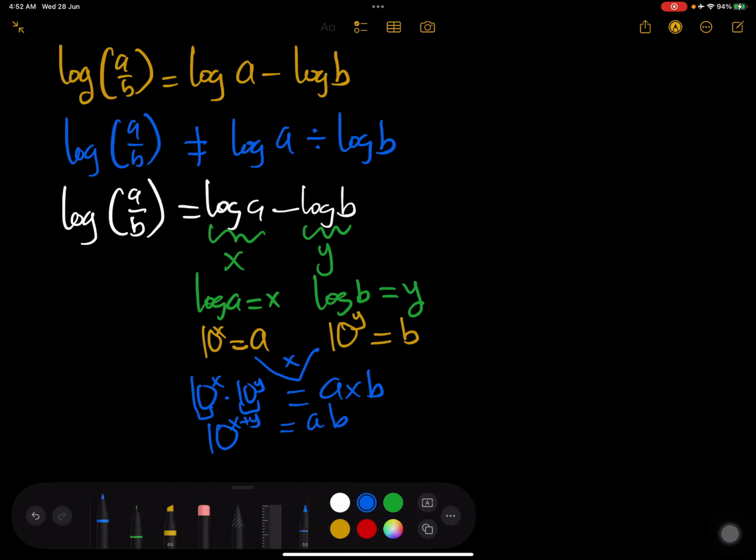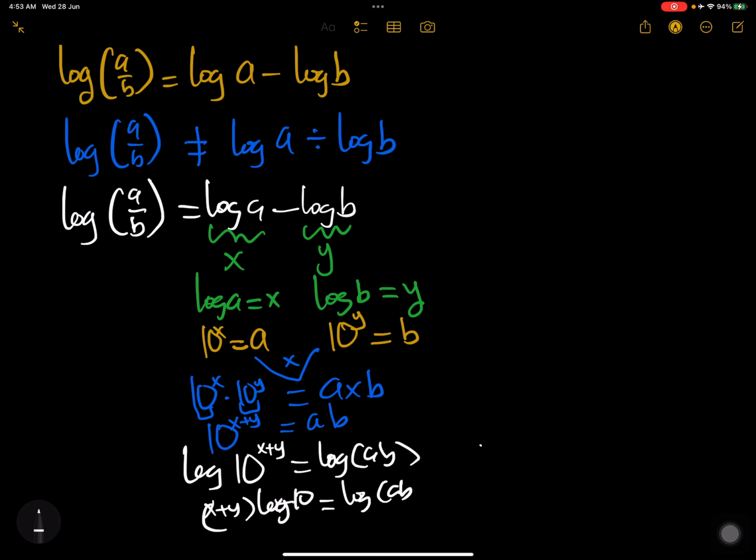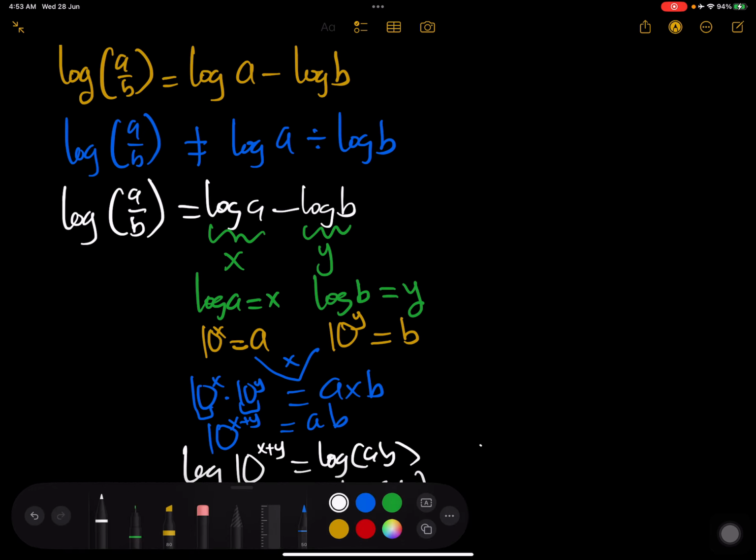Now we take the log of both sides, and we get x plus y times log 10 is equal to log AB. Did I say we're going to multiply? No, we're going to divide. Sorry about that.